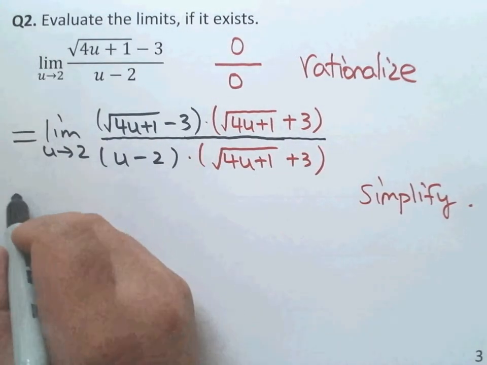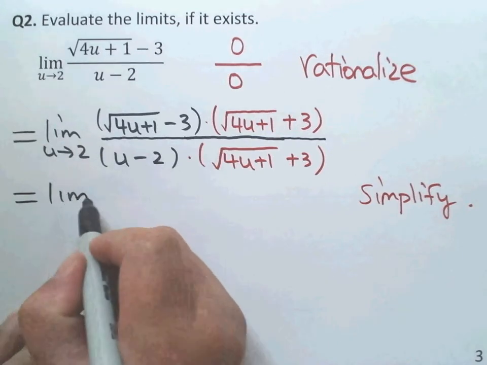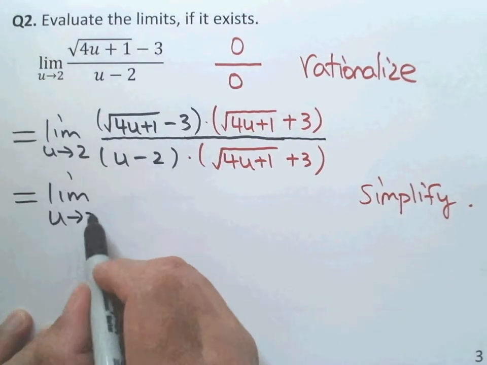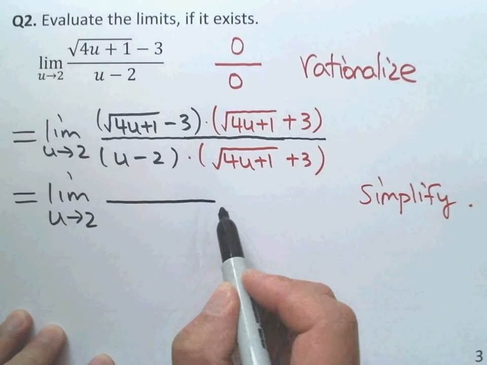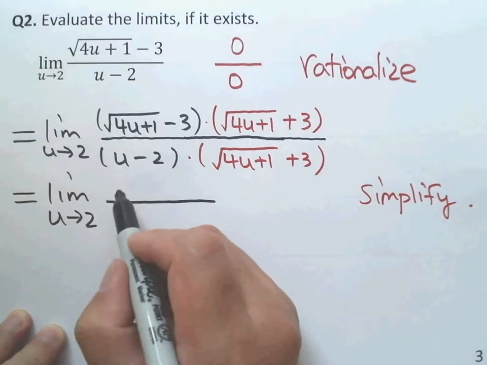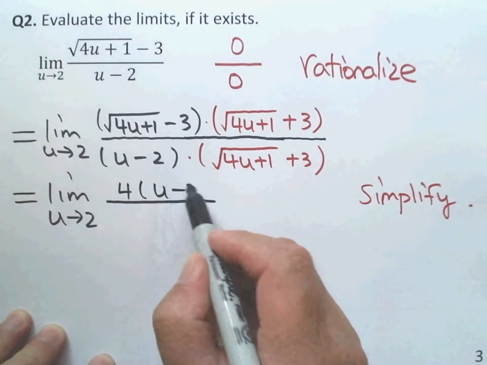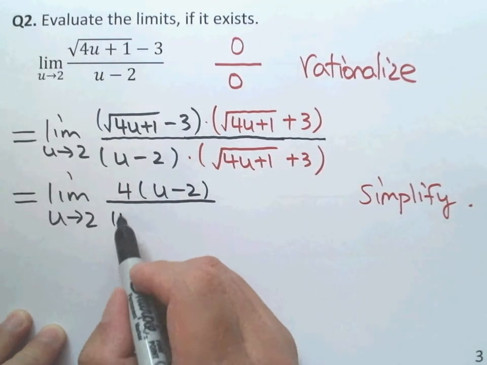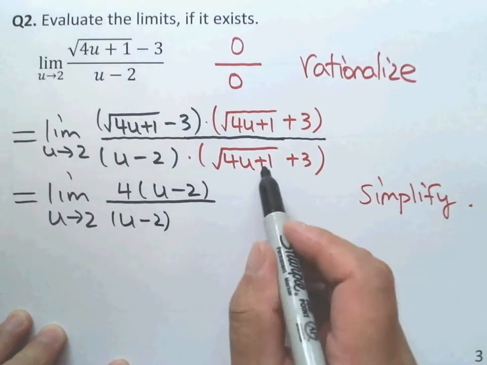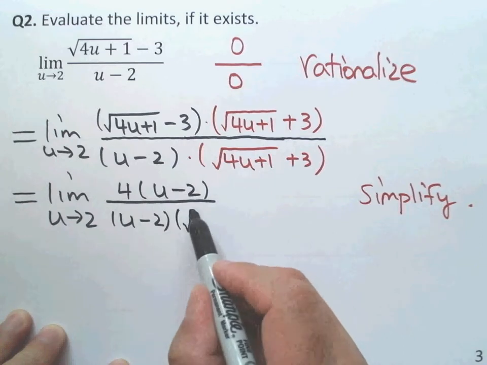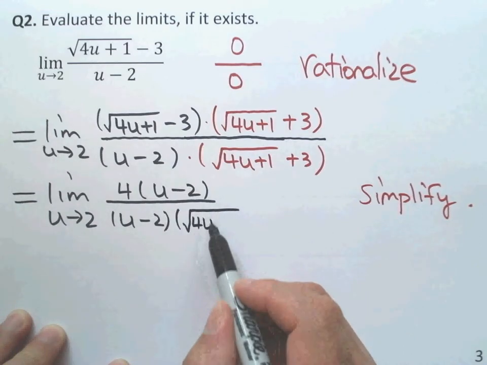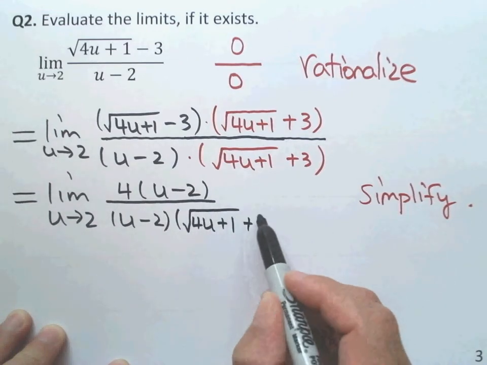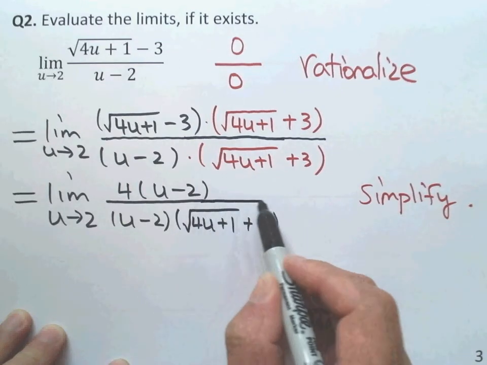Okay, so this is the limit as u approaches 2 of 4 times u minus 2. Okay, how about the denominator? The denominator I copy is u minus 2, and here it is times the square root of 4u plus 1 plus 3.